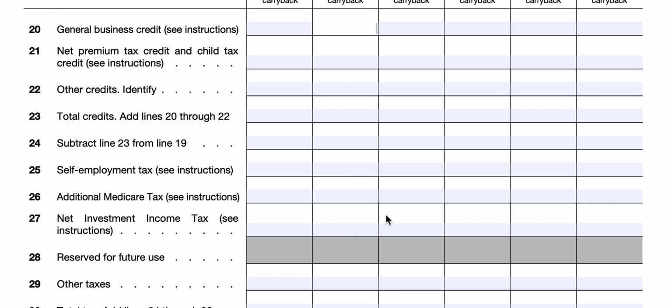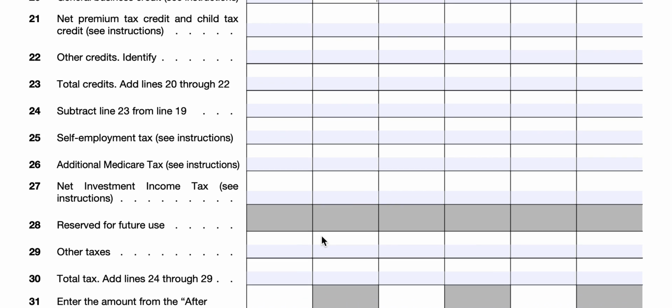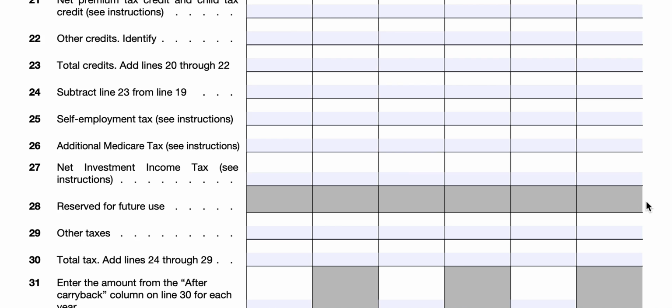If you have questions about how to do this, then you would need to look at the form instructions or Internal Revenue Code Section 1411, and the related Treasury regulations. Line 28 is grayed out as it's reserved for other use.